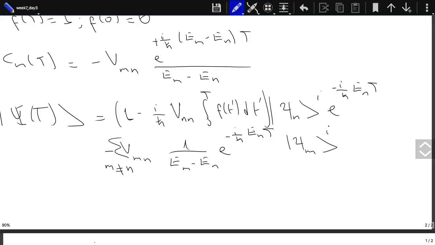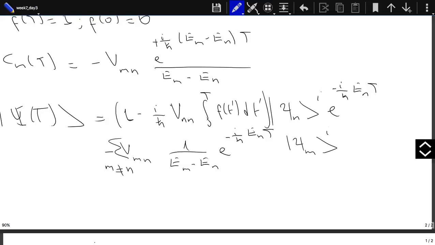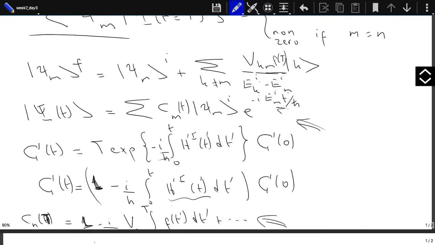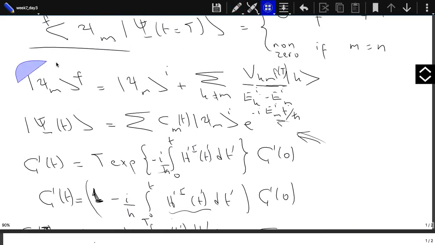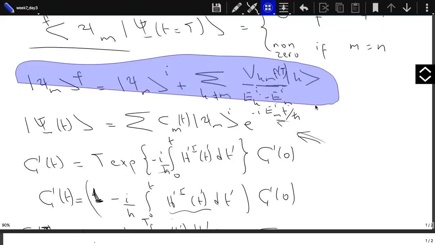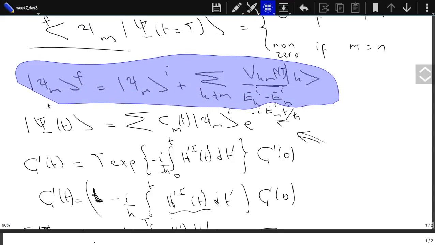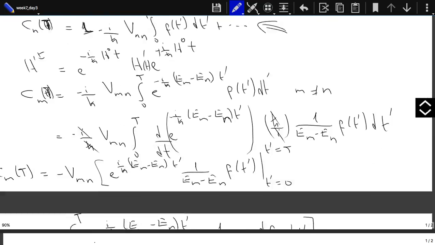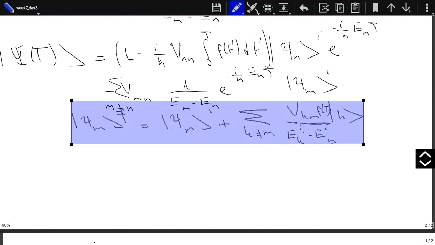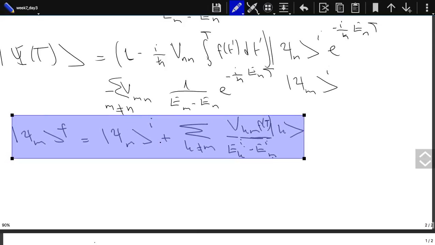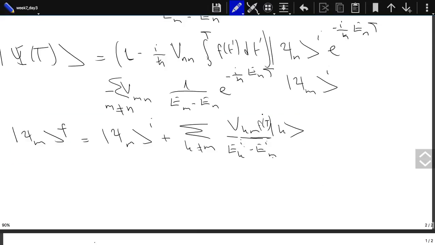The two exponents are the same. Now let's also get the other one. We had this one. And this f of t is just 1.